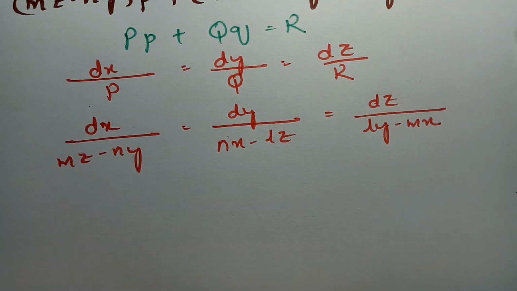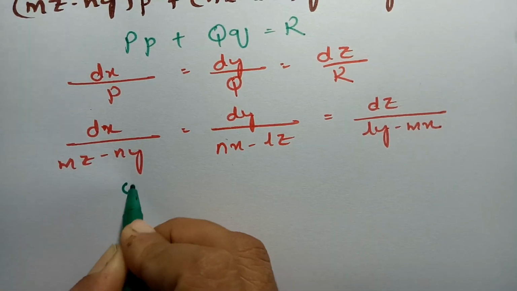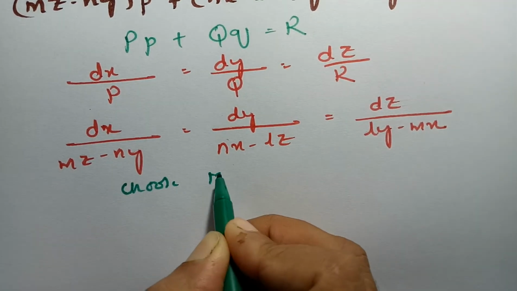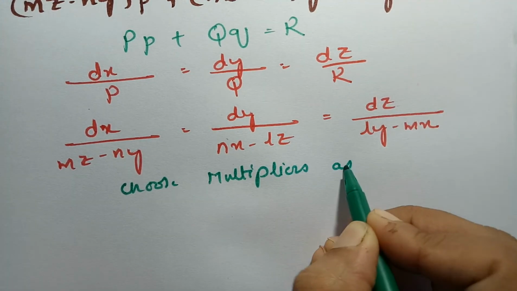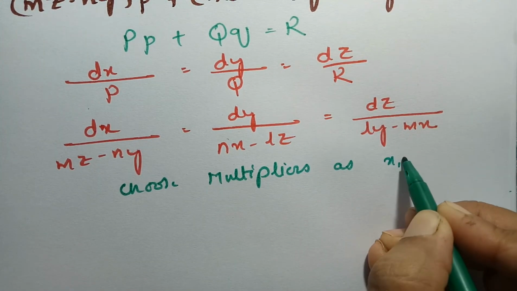We cannot split, and we shouldn't have a possibility of using the method of grouping. So we have to choose the multipliers. Choose multipliers as x comma y comma z for one time.